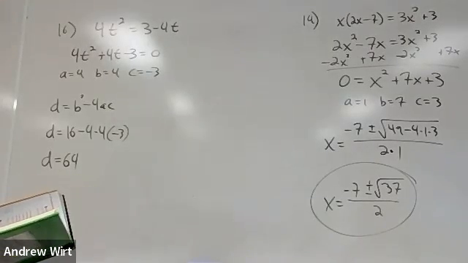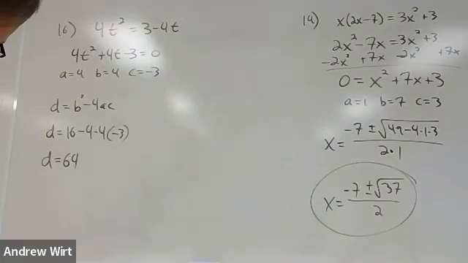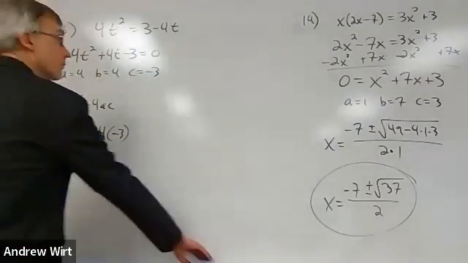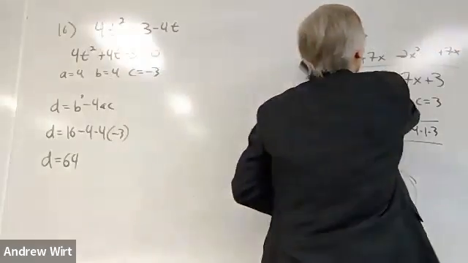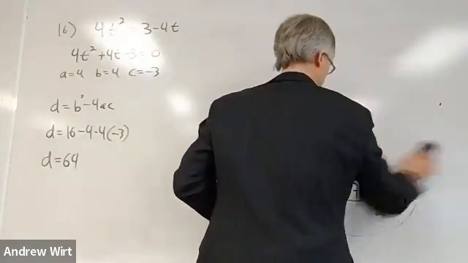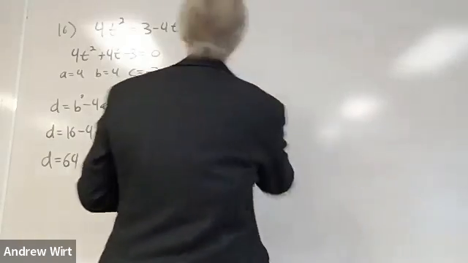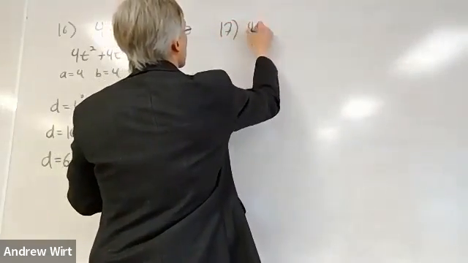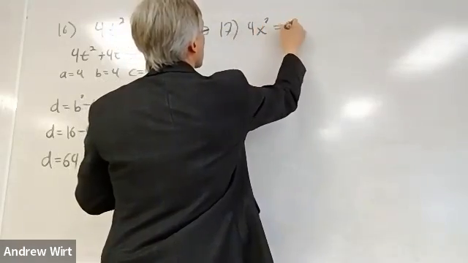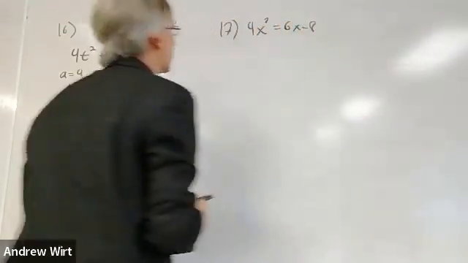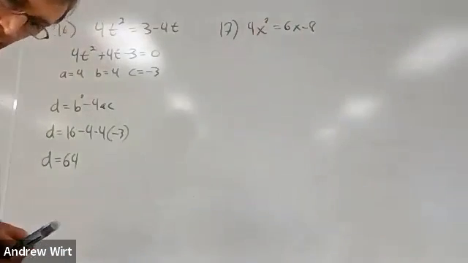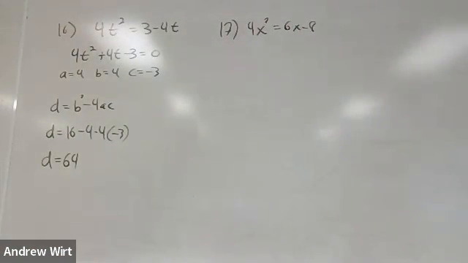All right, let's do 17. 4x squared equals 6x minus 8.